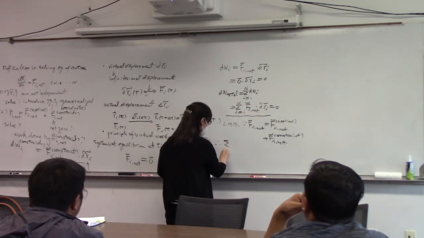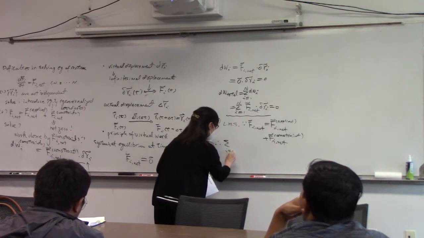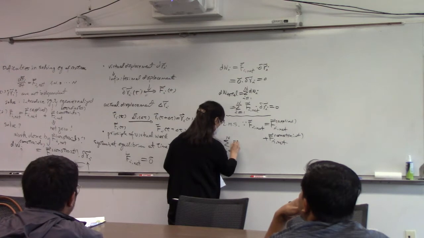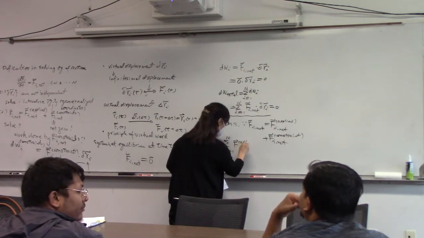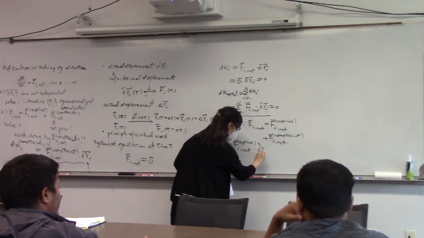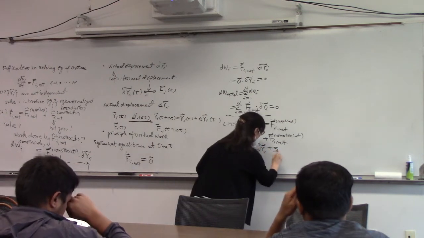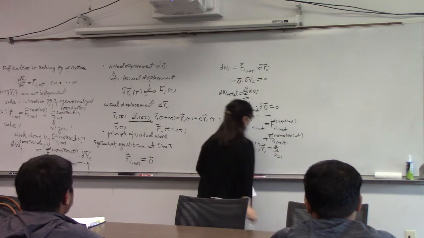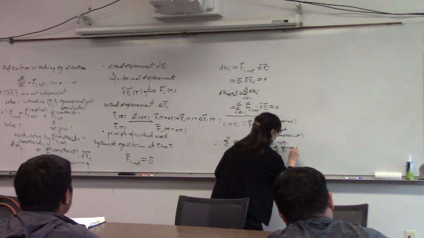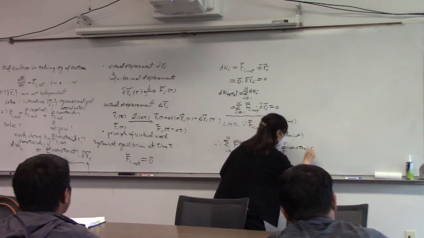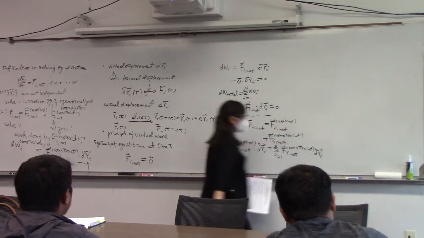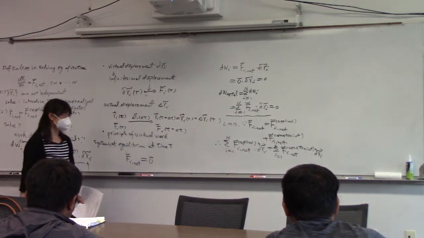Summing over i from 1 to n, if I substitute, the first term is only the applied force dotted with the virtual displacement, plus the second term, which is only the force due to the constraint doing work as it moves the particle through the virtual displacement.